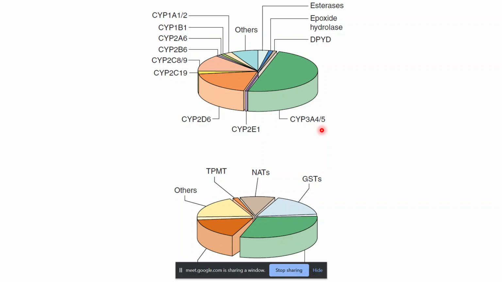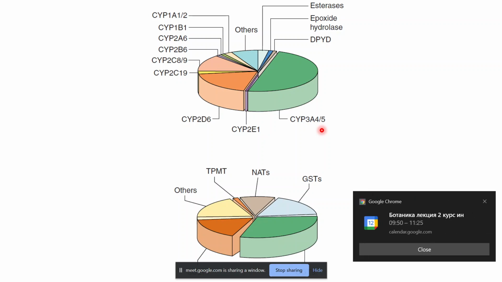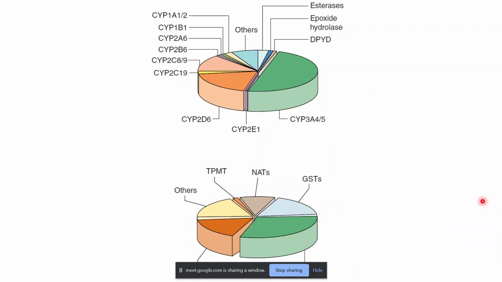Some antibiotics like chloramphenicol are metabolized by the cytochrome and then modify the P450 protein and inactivate the enzyme.